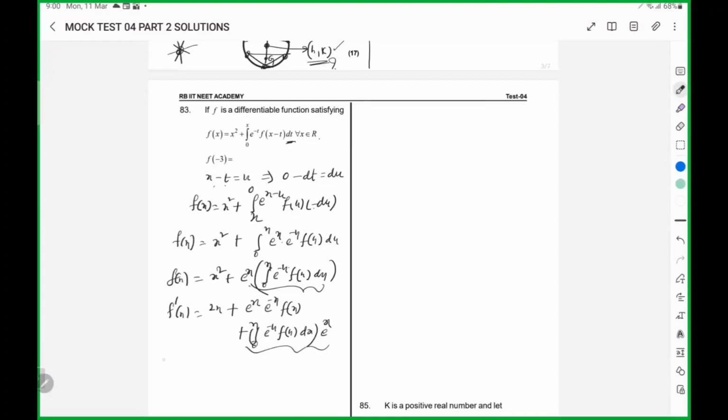This whole thing together is fx. This whole thing is fx minus x square. Here in place of t, x minus u.